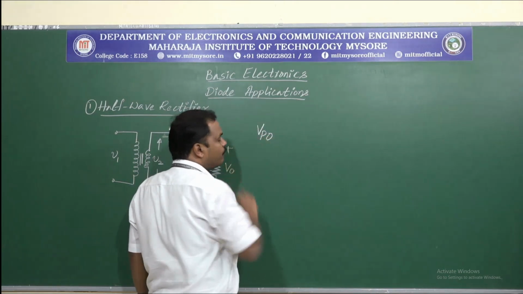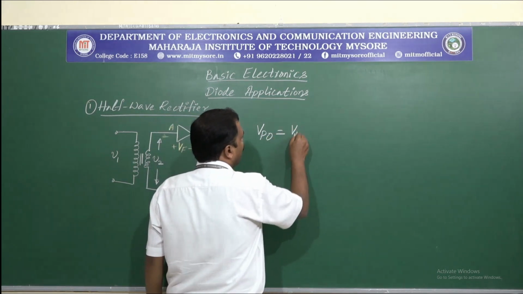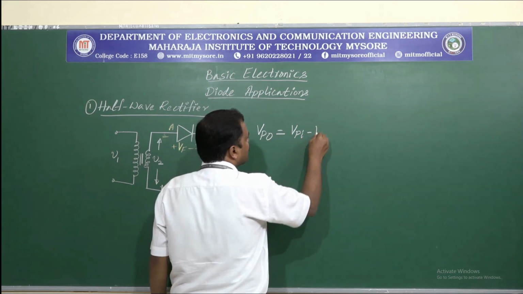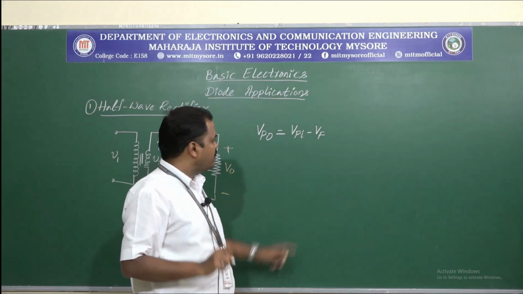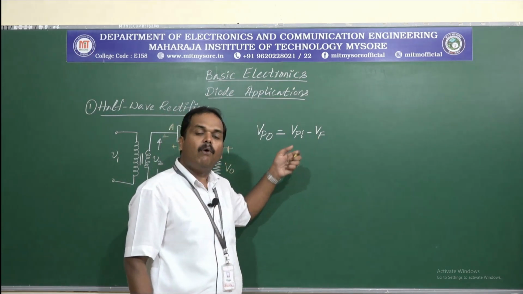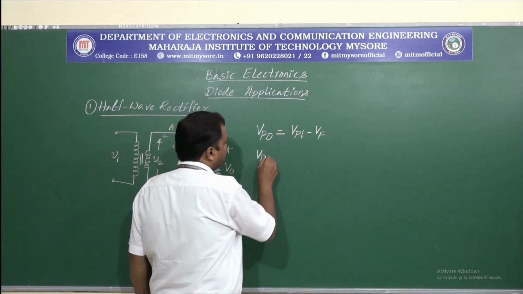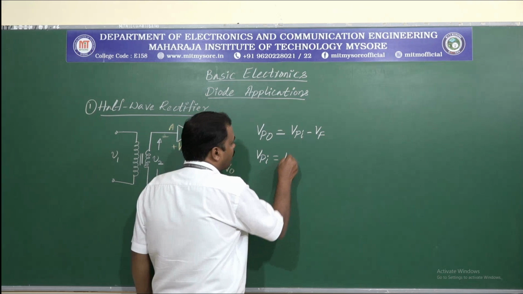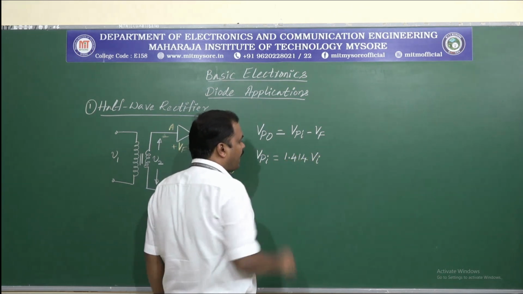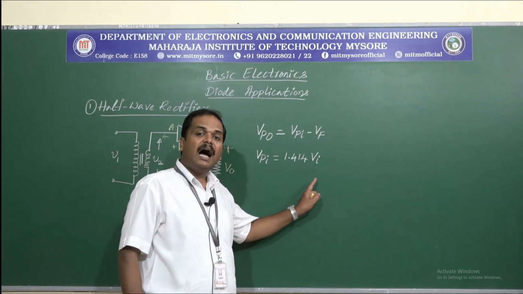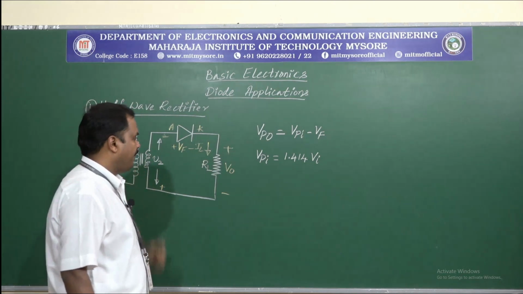Let us say VPO, which means peak output voltage, and this is given by VPI minus VF, where VPI is the peak input voltage and VF is the forward voltage drop across the diode. And VPI can be represented as 1.414 times of VI, where VI is the RMS input voltage, that is the primary voltage that has been fed.